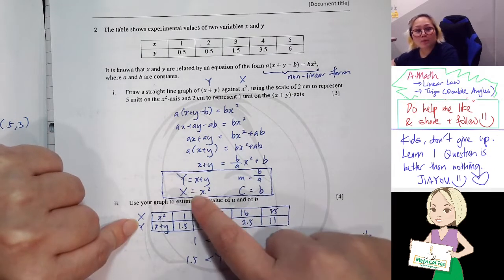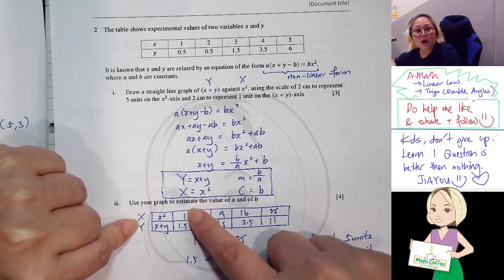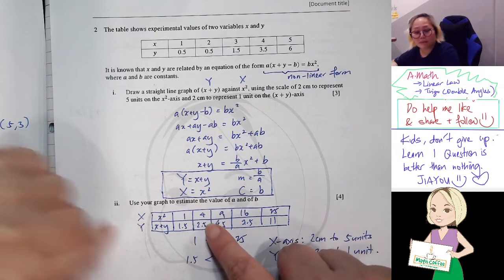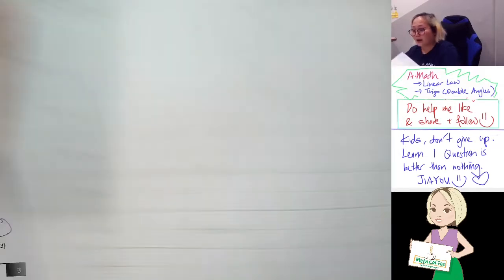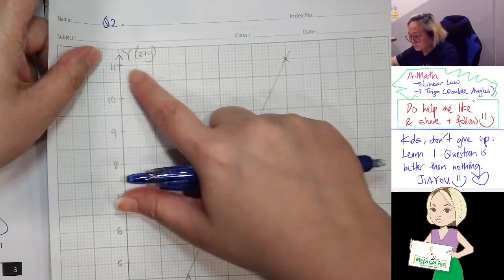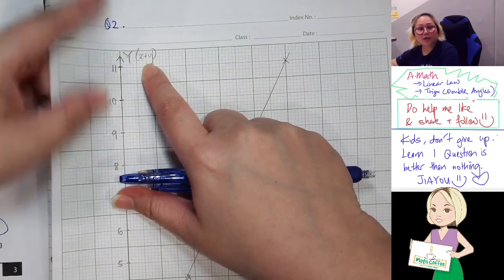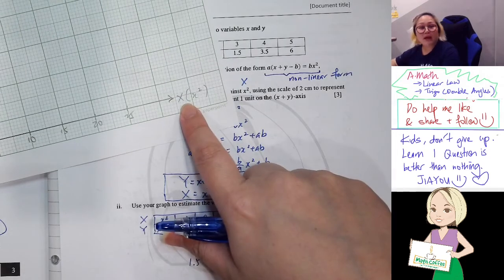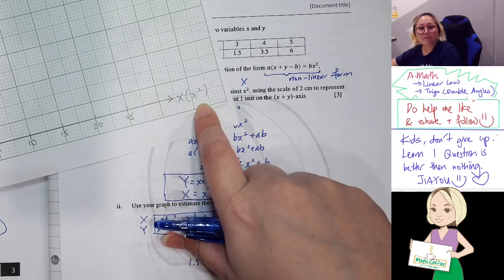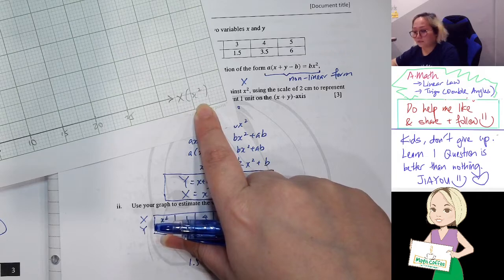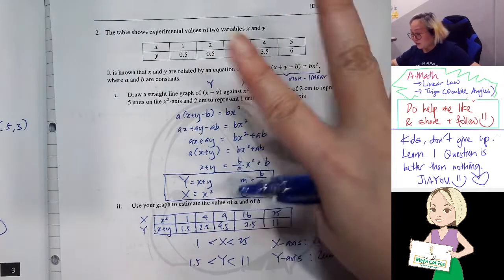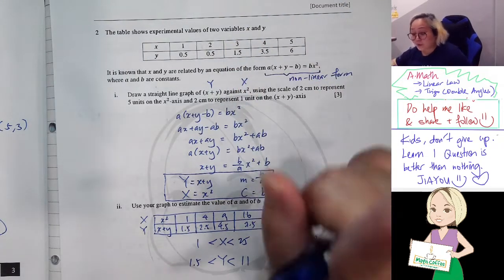Then you plot all these points on your 1, 1.5, 4, and so on. You can see that for my big Y axis, I write big Y and put a bracket there, x plus y. For big X, I put a bracket there, x squared. After I plot the points, you still want to find the gradient, right?